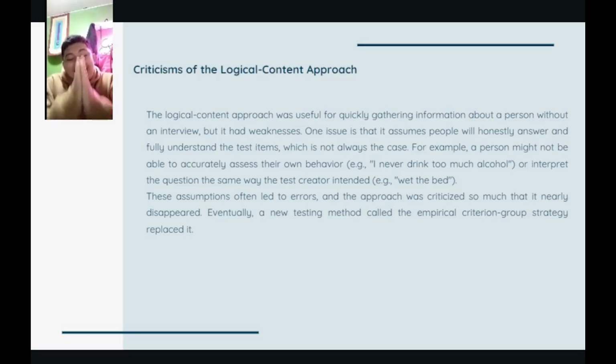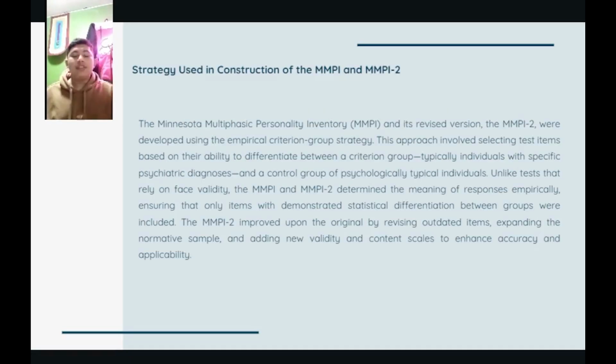So these assumptions often led to errors, and the approach was criticized so much that it nearly disappeared. But eventually, a new testing method called the empirical criterion strategy replaced it. So now let's talk about the strategy they used in the construction of the MMPI and the MMPI-2.